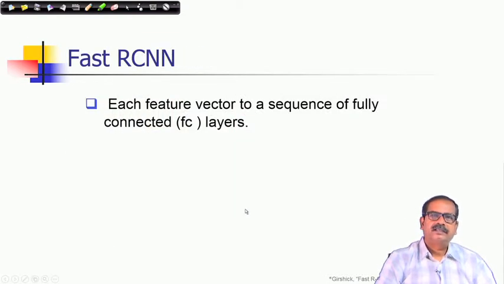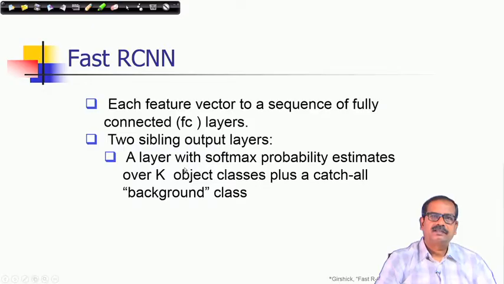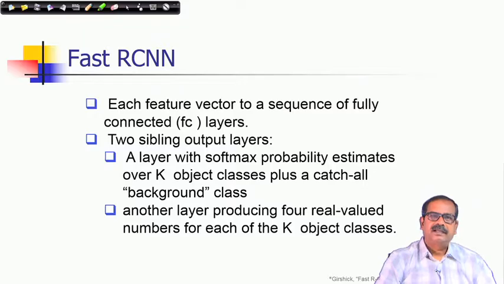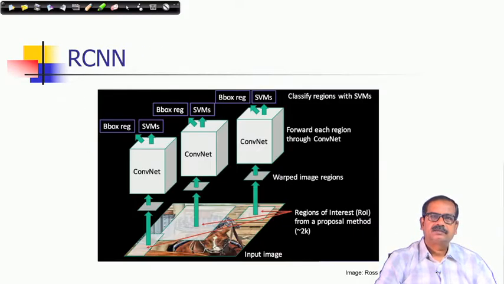In fast RCNN, each feature vector goes through a sequence of fully connected layers and 2 sibling output layers. One layer gives softmax probability estimates over k object classes plus a catch-all background class, and another layer produces 4 real-valued numbers for each of the k object classes. This is actually regression of the regions. So, this shows the architecture of RCNN.